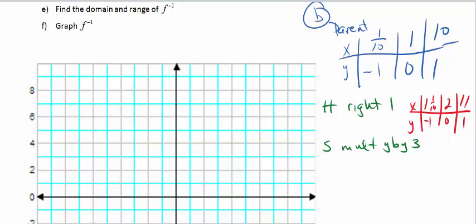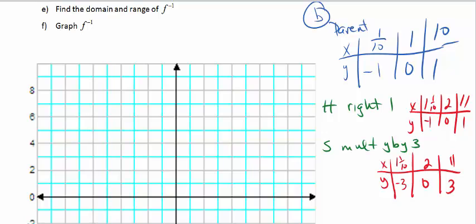For our stretch, we're going to multiply y by 3. So we're going to keep our x values the same. So we have 1 and 1/10, 2, and 11. And we are going to have -3, 0, and 3.